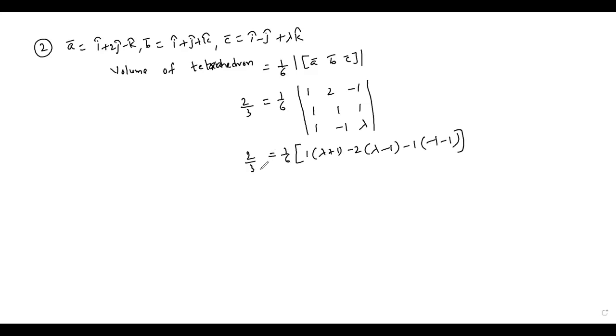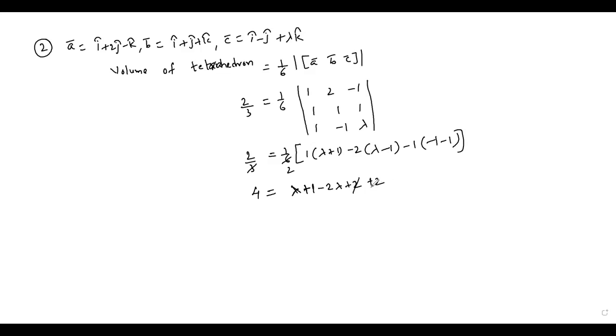Here 2 by 3 is there. 3 ones are 3, twos are 2, cross multiplication gives 4. Here lambda plus 1, next minus 2 lambda plus 2, minus 1 is minus 2, total plus 2.